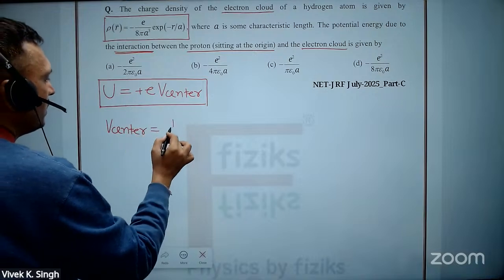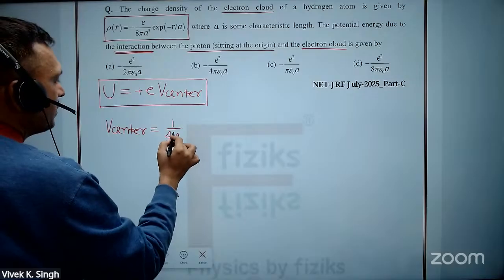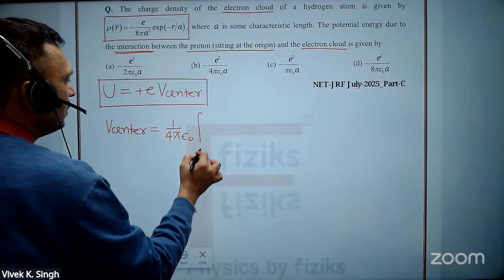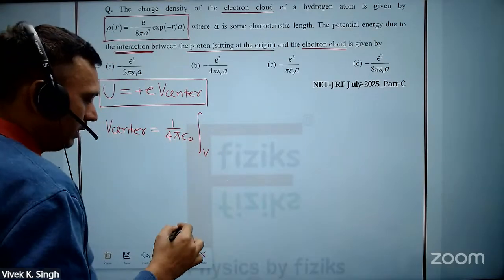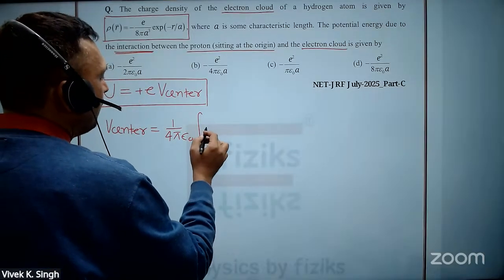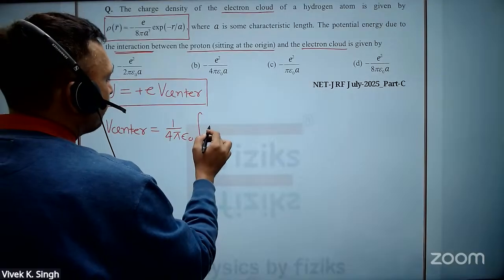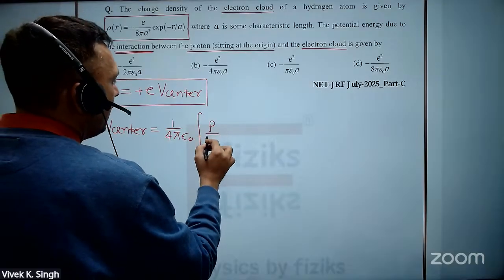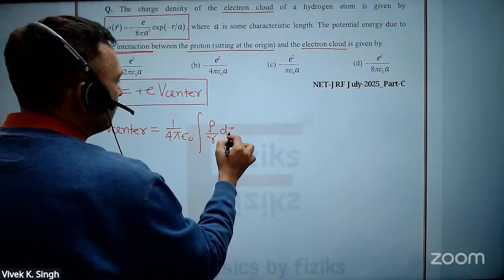So we will use this result, that is 1 by 4 pi epsilon naught. We will take the integral of rho by r d tau.